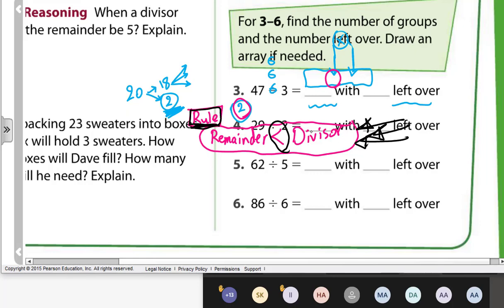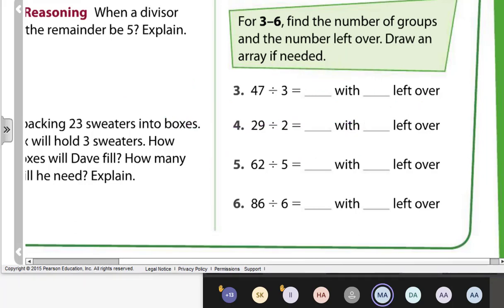Okay, these questions we will solve them now. Now I will raise my screen, okay? Please mute your mics.